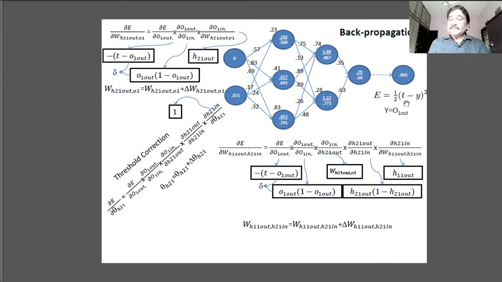Now, if you have a different kind of error function, you will differentiate that error function accordingly. That is why we are seeing the treatment of finding weight correction in this much detail, because ANN provides you a lot of flexibility.